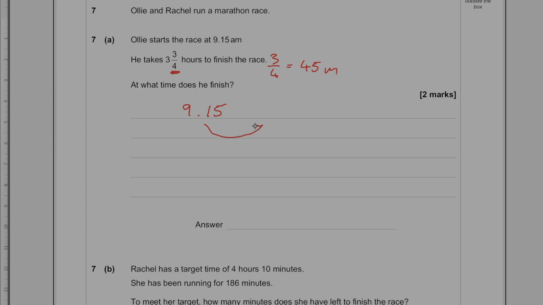So if I add on 45 minutes, that would take me to 10 a.m. And then if I add on 3 hours separately, that would take me to 13 if I'm going on a 24-hour clock. However, this is in a 12-hour clock, so I'm going to convert that to being 1 p.m.